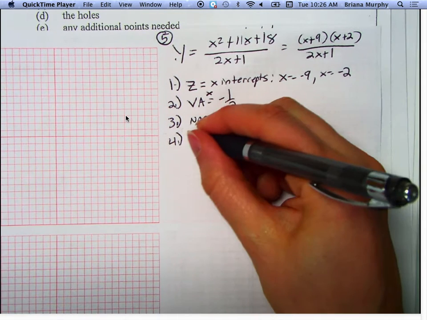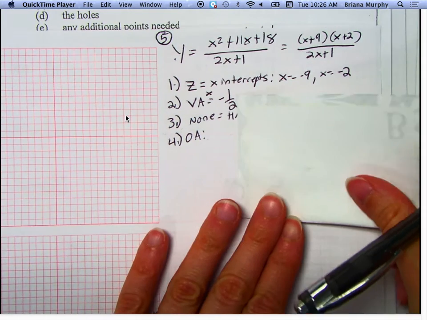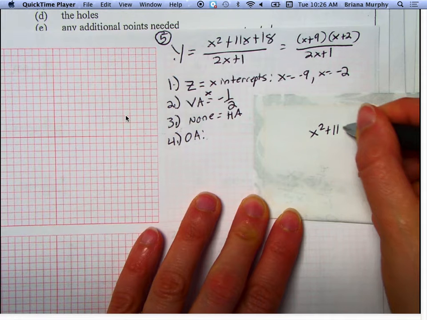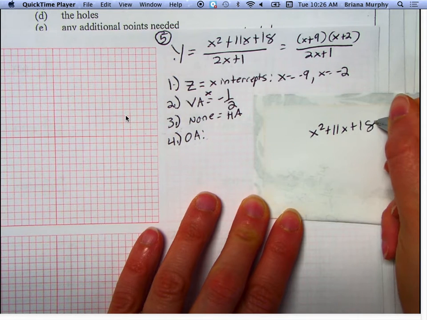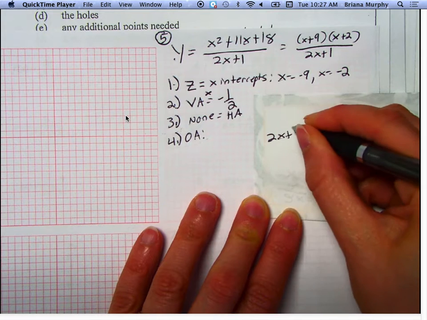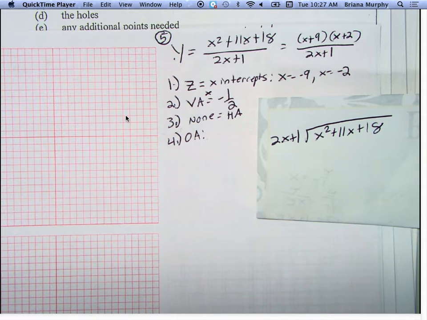Okay. My oblique asymptote. Is the top one bigger than the bottom? Yes. So we have to divide. I'm going to take x squared plus 11x plus 18, and I'm going to divide 2x plus 1 into it. This is a sucky division problem, which is why I'm doing this one with you.